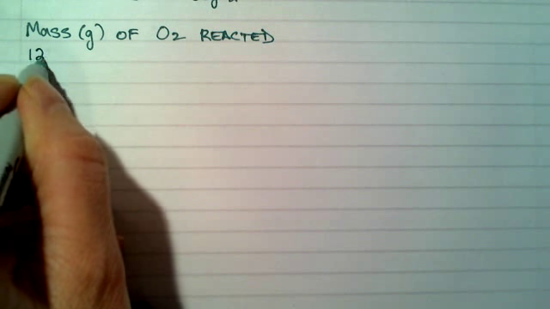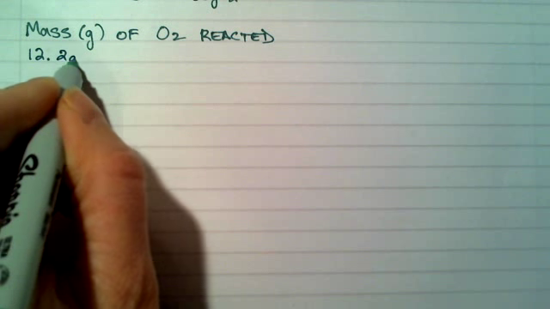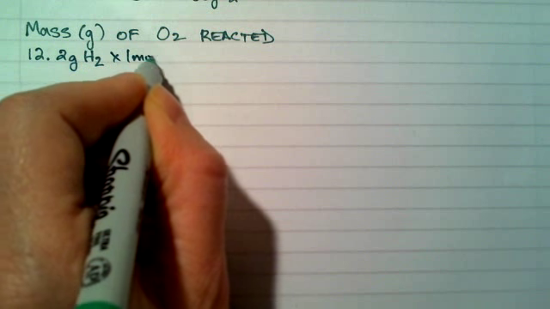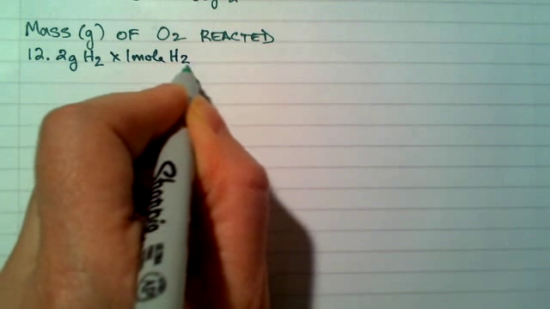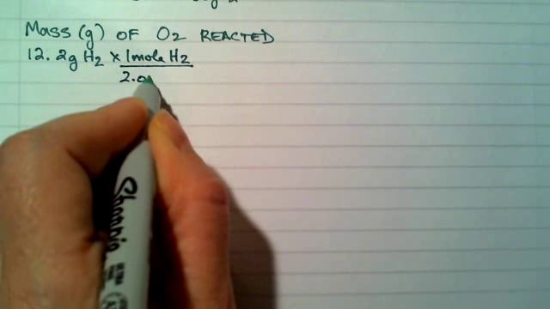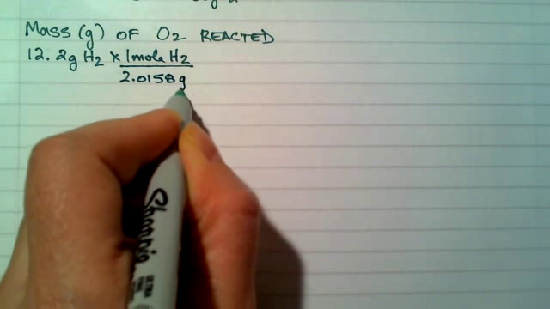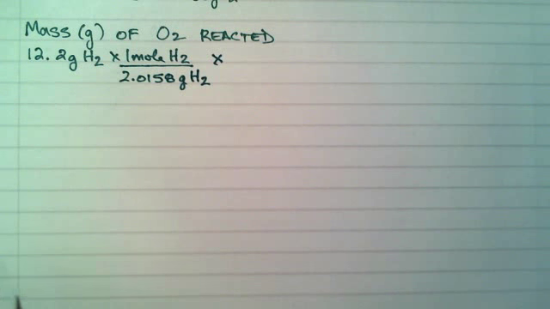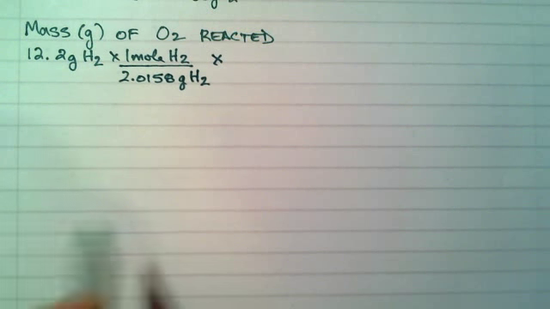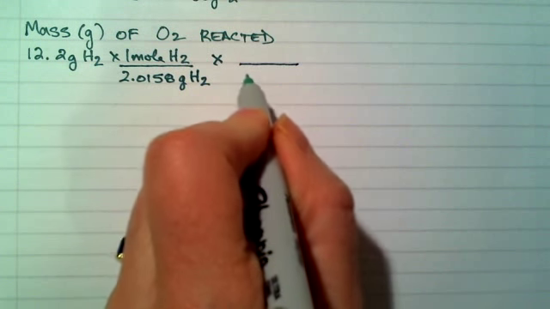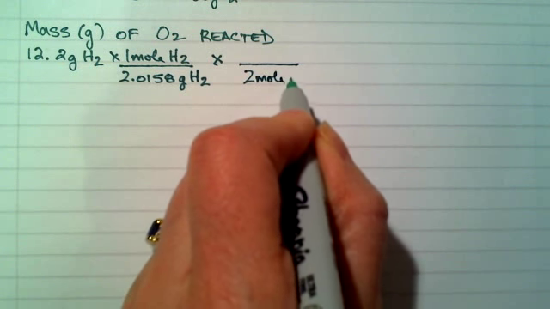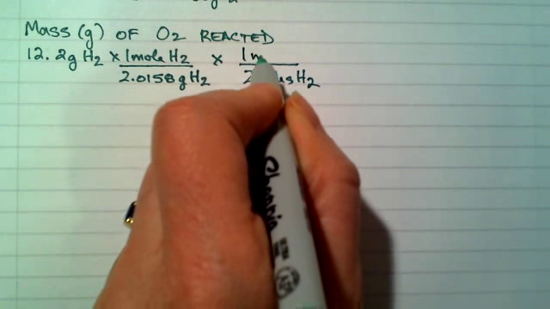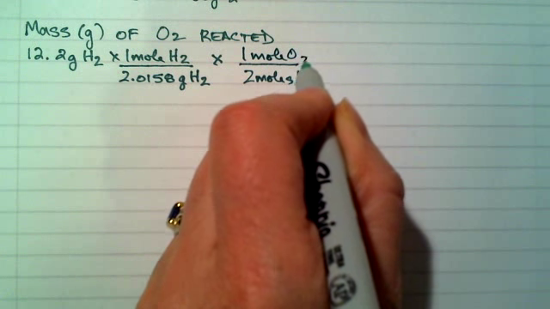So it controls that too, and that's why I'm going to start again with the 12.2 grams of H2, convert it to moles again in my calculation. But now I want to convert moles of H2 to moles of O2, and I see that 2 moles, look at your balanced equation, 2 moles of H2 react with 1 mole of O2.